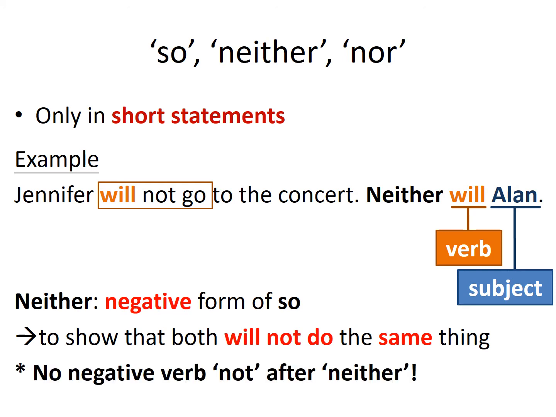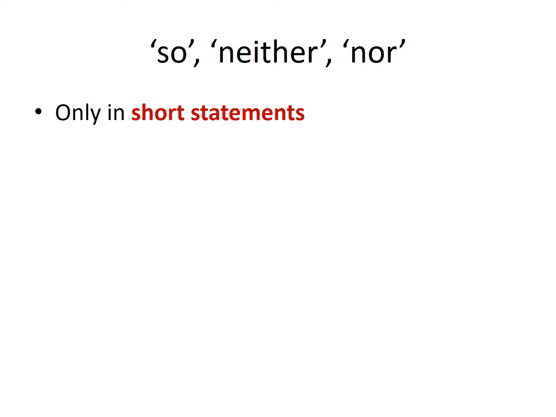Please note that there shouldn't be the word not in the sentence with neither, because neither has already got the meaning of not. That's why you can see from the example that it is neither will Alan, not neither will not Alan. The same goes with nor.